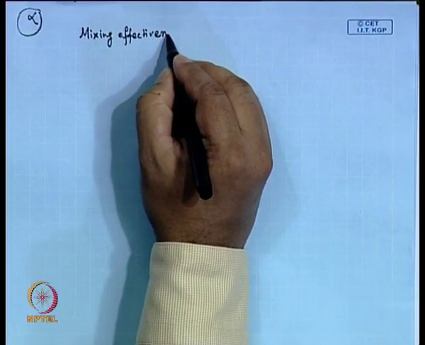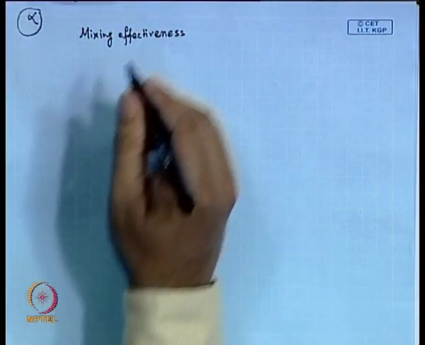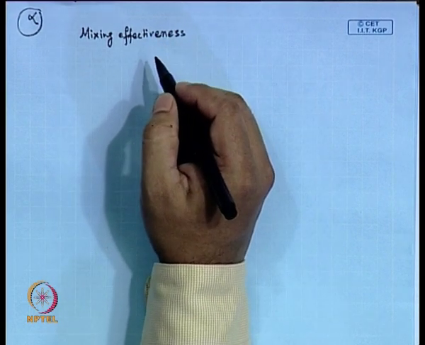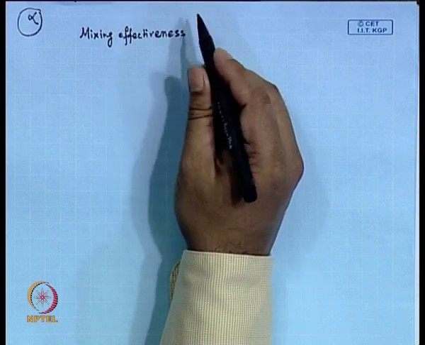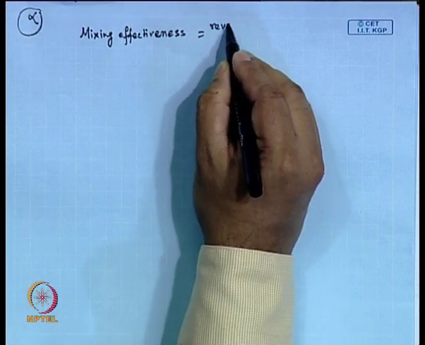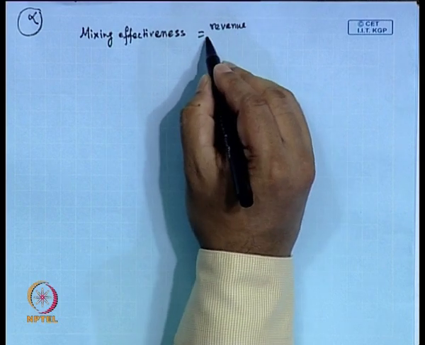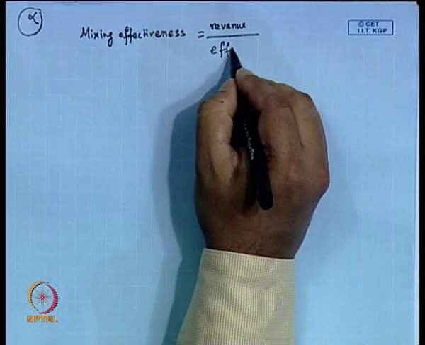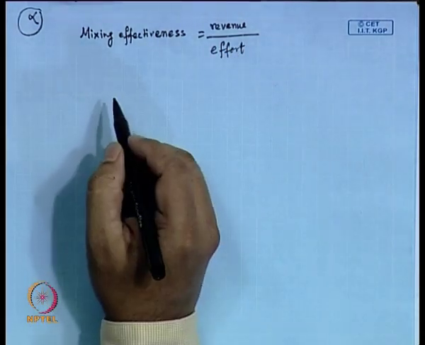That is the idea of mixing effectiveness. It is defined as revenue divided by effort, that is, what level of mixing you achieve divided by the effort you expend.